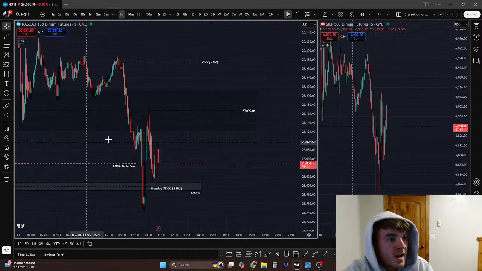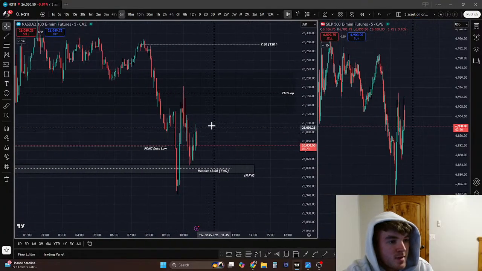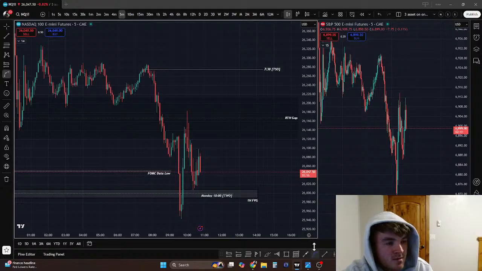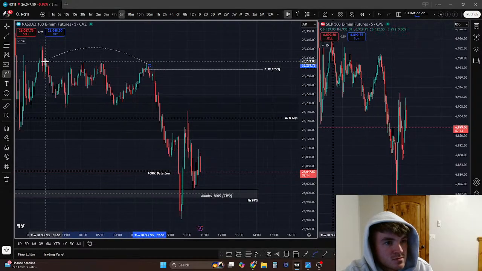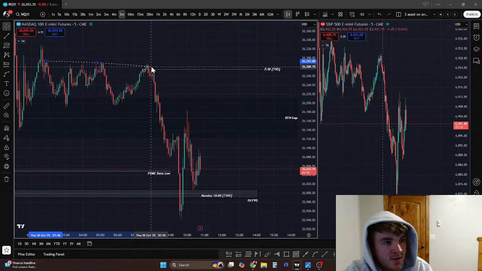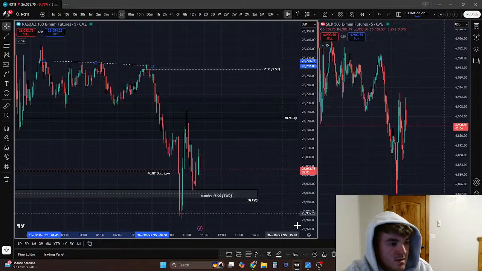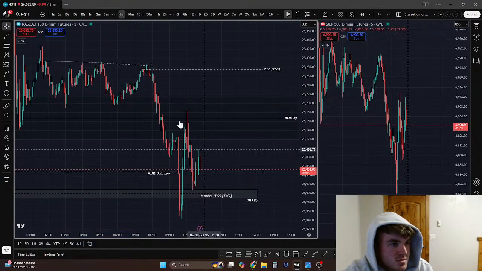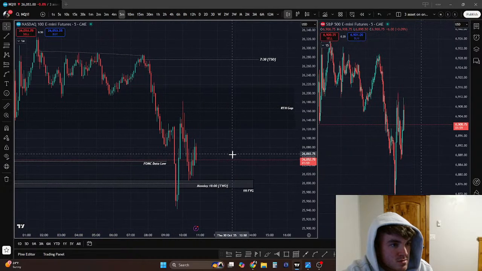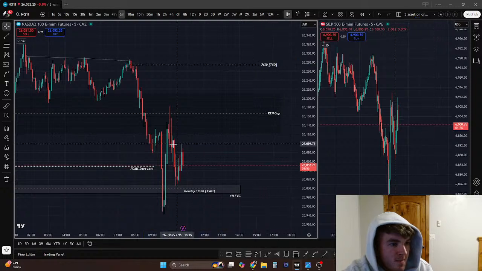With the RTH gap and the low resistance highs above, I thought maybe the market would expand aggressively up there. Clearly you can see that eventually these would be likely to turn lower resistance. So we were below 730.